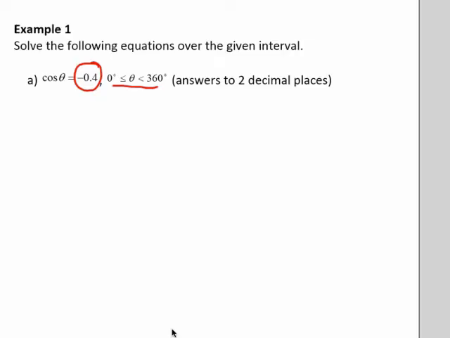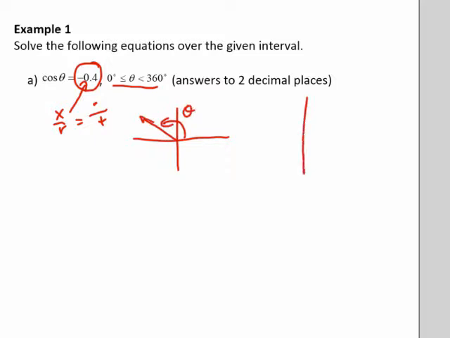So just in terms of presenting my work, I had to consider what quadrants the angle was in. Cosine, which is x over r, and remember the radius is always positive. Cosine is negative when the x-coordinate's negative, which is in quadrants 2 or 3.